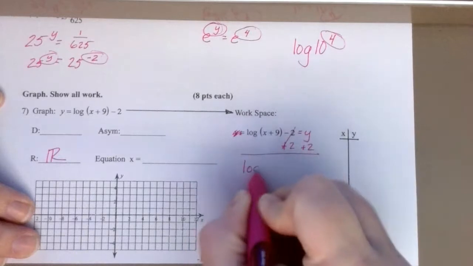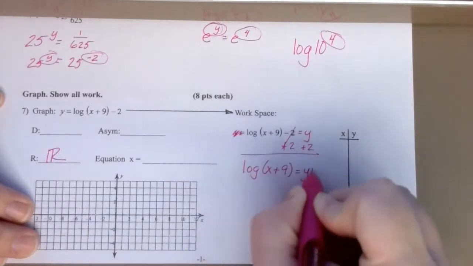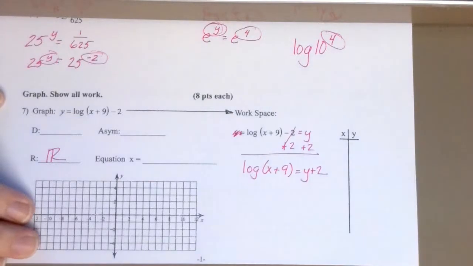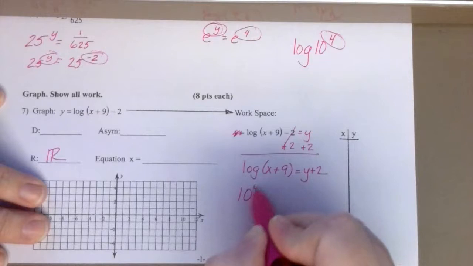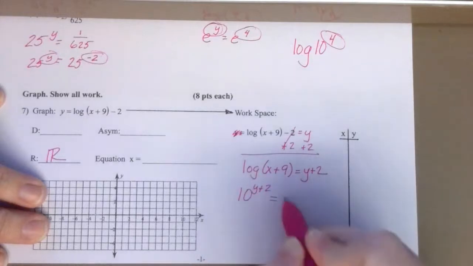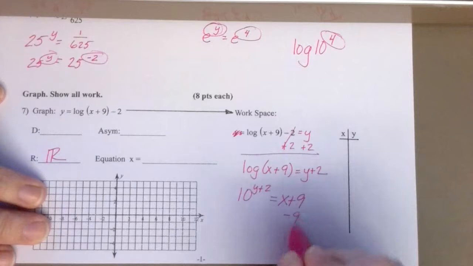So log x plus 9 equals y plus 2. What's my base? To the what power? y plus 2 equals x plus 9. Subtract by 9. 10 to the y plus 2 minus 9 equals x.